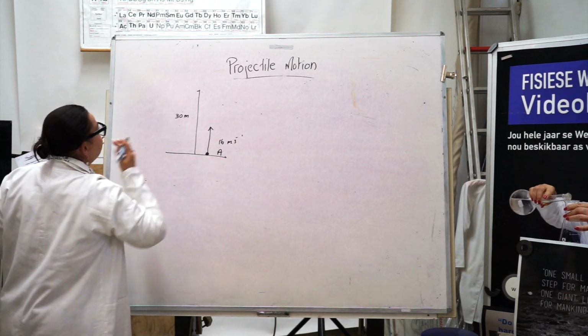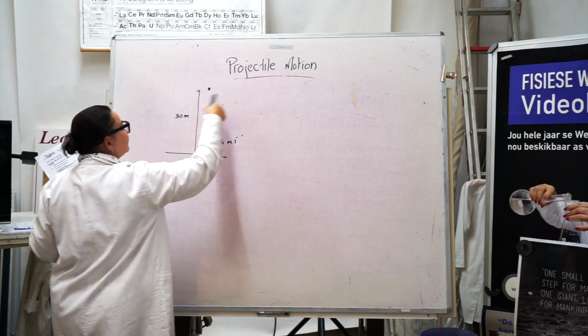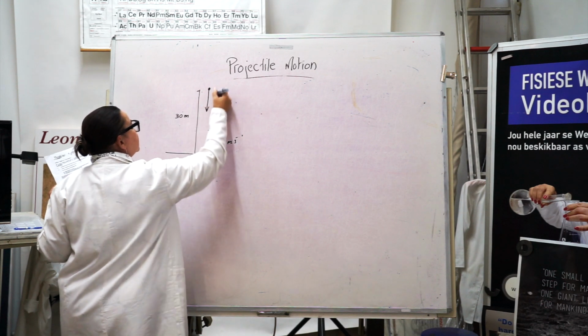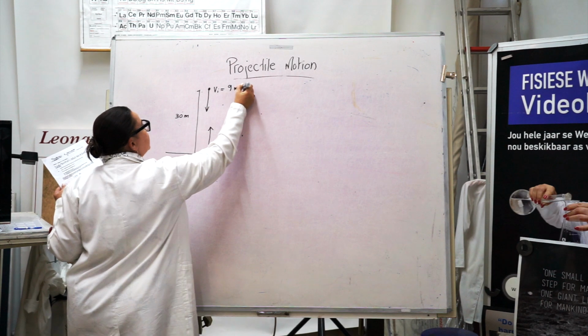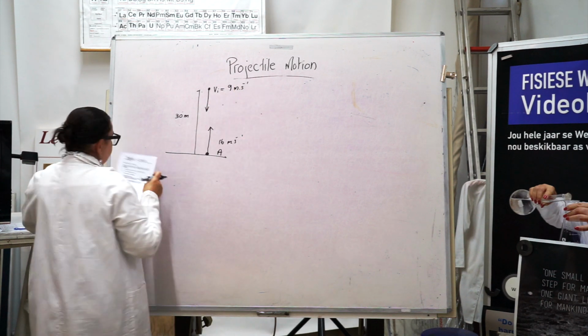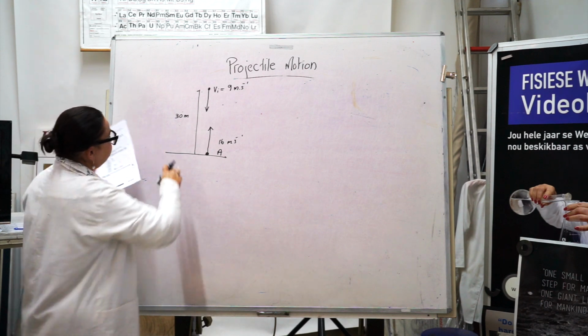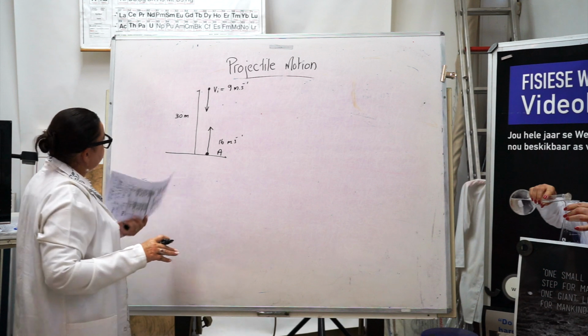And then we've got a ball B that is being dropped from the top of the building at an initial speed of 9 meters per second. Alright, now they say we have to use the ground as our 0 point.